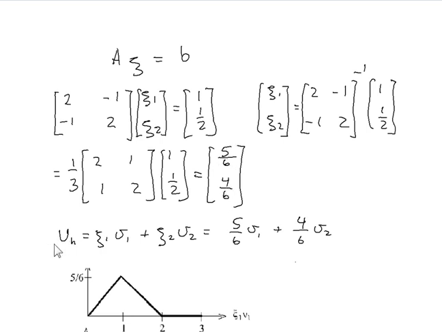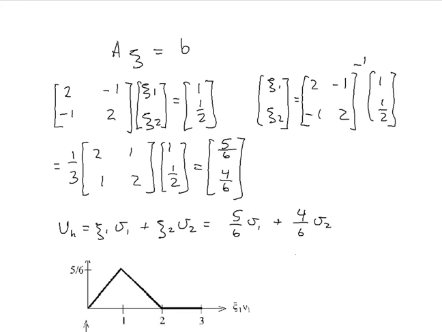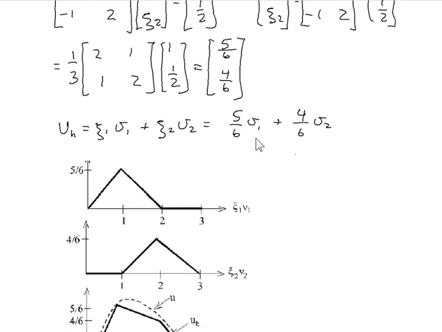And as we told you, uh, which is the finite element solution, is xi1 multiplied with the first basis vector plus xi2 multiplied with the second basis vector. So then we insert these two values and we have found this finite element solution.